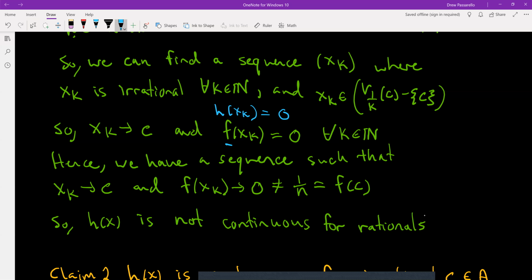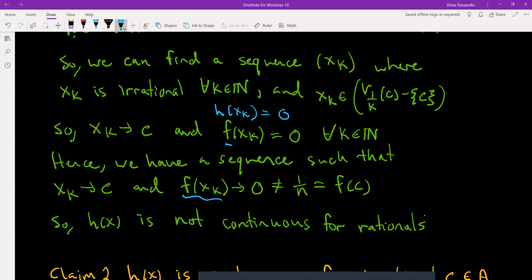And yeah, so that's almost identical to the example in the last video. You just use the fact that the irrationals are dense, so you can form a sequence of irrational x's where the x's converge to some value c, where you want the value c to be rational, so that when you plug the irrational values into the function, you get 0, and so that sequence h of xk converges to 0, and that's not equal to 1 over n, and 1 over n is the value for when you plug in c into the function.